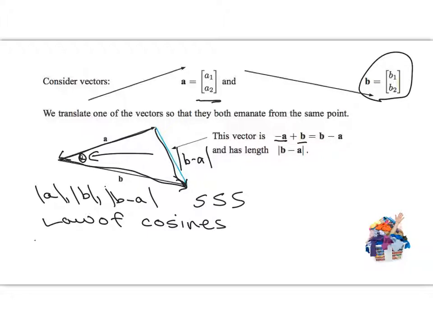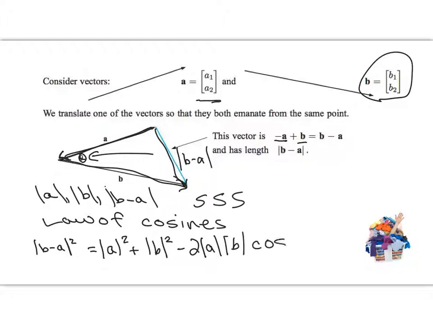Using the law of cosines, it'll be this side across from the angle squared equals the length of my other 2 sides, the sum of them squared, minus 2 times the magnitude of both sides, cosine theta.